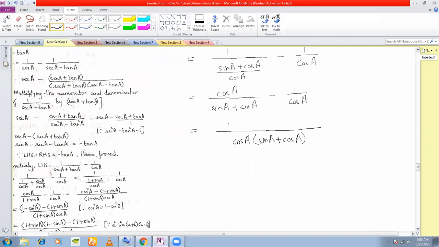So that in the numerator now you get cos a into cos a, which is cos square a, minus, and here you get sine a plus cos a. Okay. So this is your left hand side.